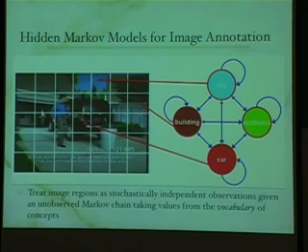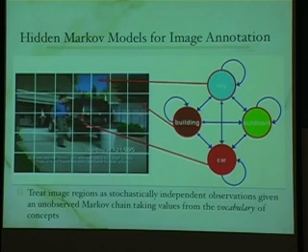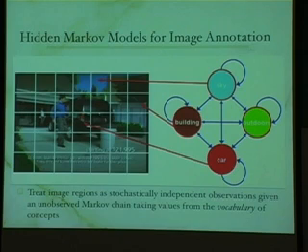So if I'm going to caption an image, and let's say my caption vocabulary has 500 words, it could be very large, I simply think of a Markov chain that takes values in this set. And if I'm given the caption of the image, I know which states were visited out of the 500 possible states. So this particular image was captioned with building, sky, outdoors, and car.